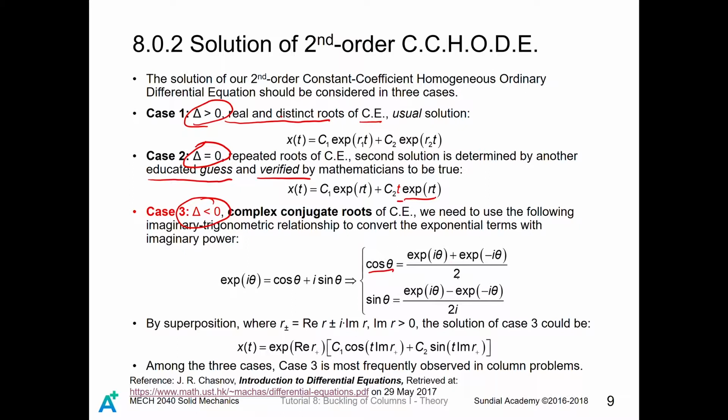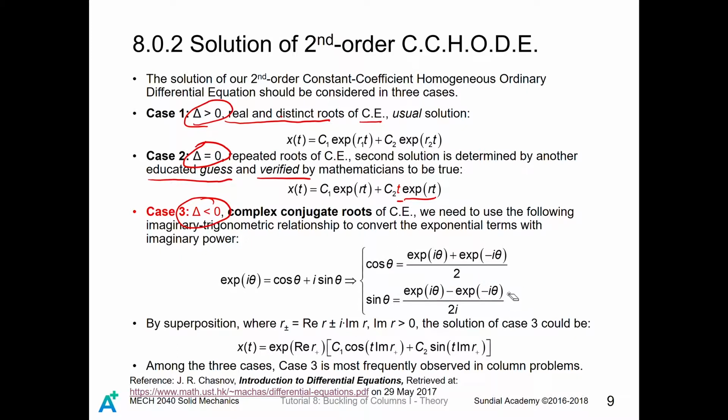Cosine theta equals one half of exponential of i theta plus one half of exponential of minus i theta, and so on, right? And the same for sine, it is just some superposition. It is equal to 1 divided by 2i exponential of i theta minus exponential of minus i theta divided by 2i.